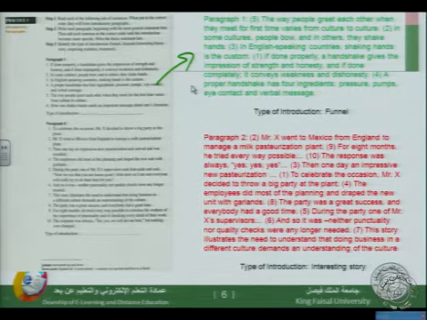If done properly, a handshake gives the impression of strength and honesty, and if done poorly, it conveys weakness and dishonesty. A proper handshake has 4 ingredients: pressure, pumps, eye contact, and verbal message. So this is the answer for paragraph 1, the correct order.